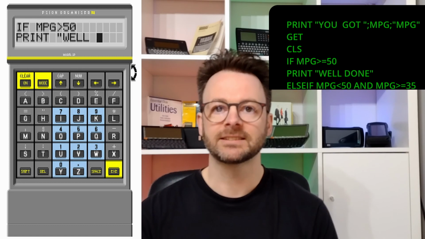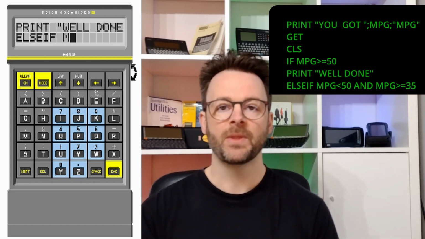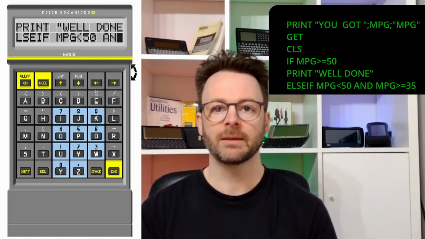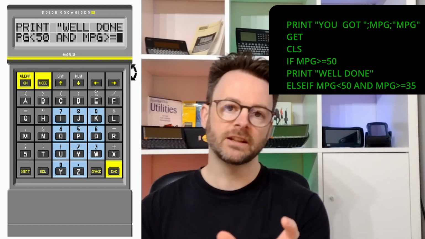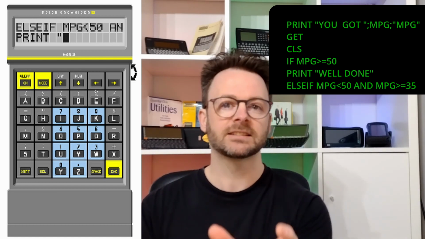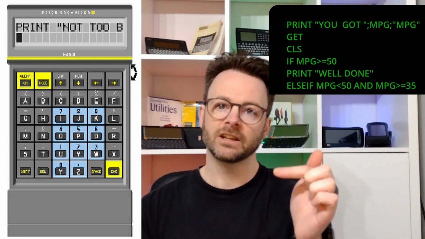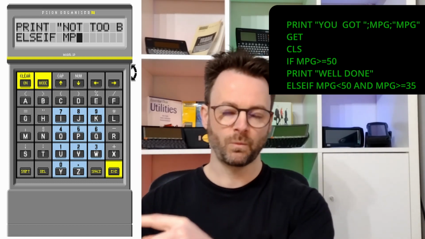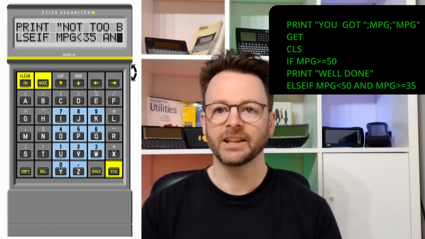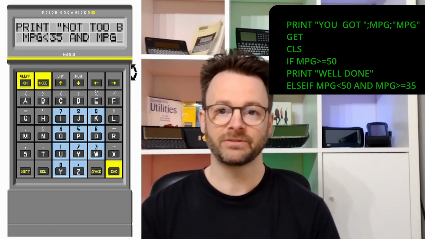Then we're going to put an else if for our next zone. Now this time we want it to bracket between two figures. So the way we're going to do that is we know it's got to be less than 50, because if it's 50 or more, we've already said we want to print well done. So this time we're going to use MPG less than 50.